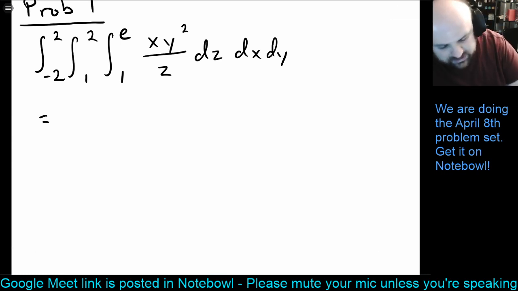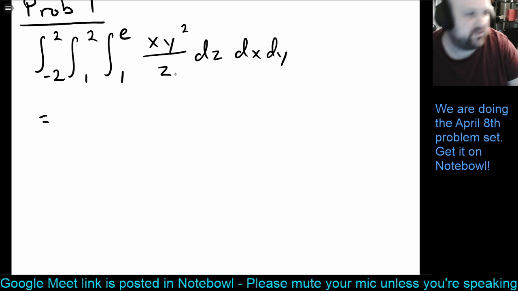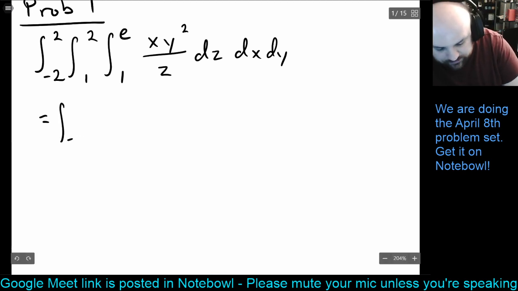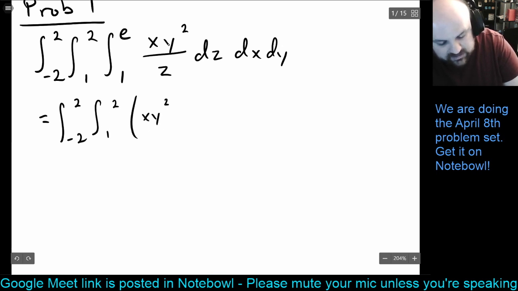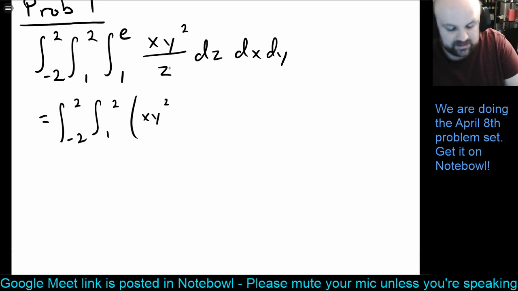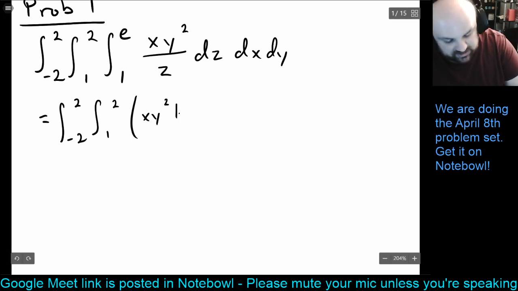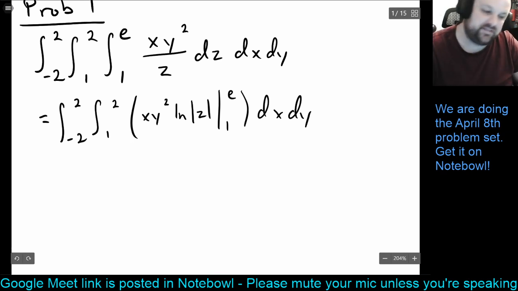So we want to integrate this with respect to z. Again, just like we did for partial derivatives, we're just going to hold x and y constant. And so we get xy squared times the integral of 1 over z, which is ln of z. Well, ln of absolute value of z, really. All right, that leaves us here.